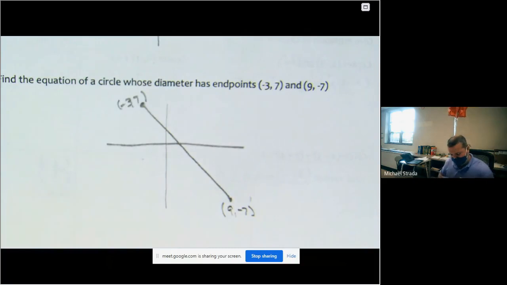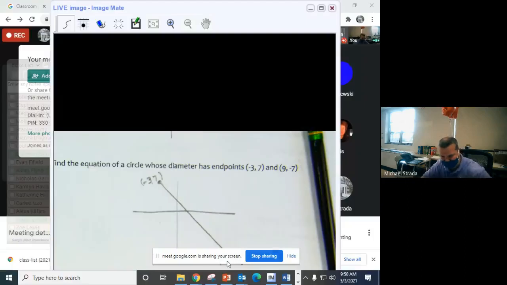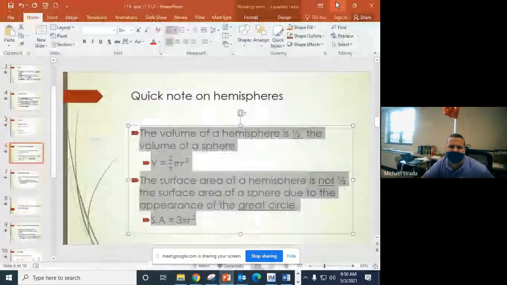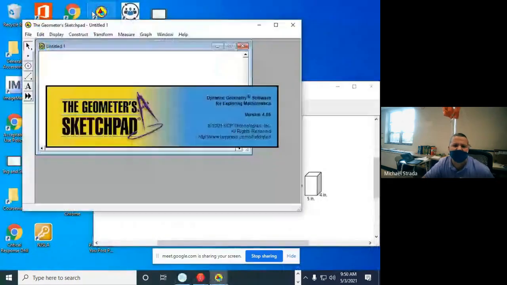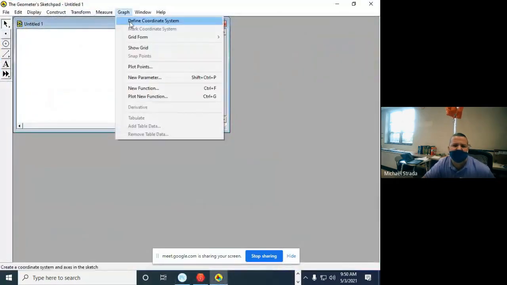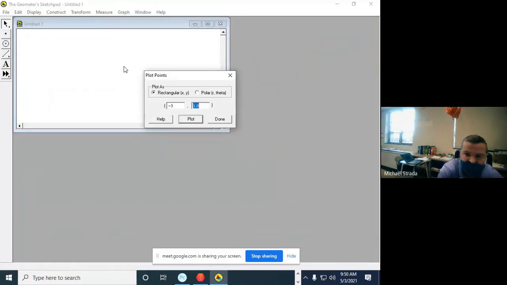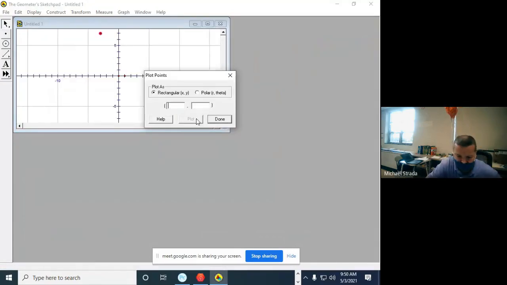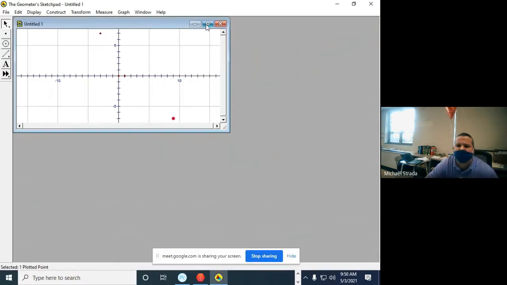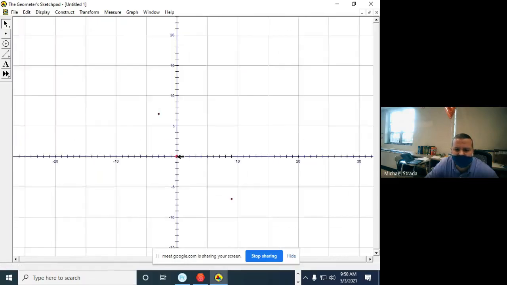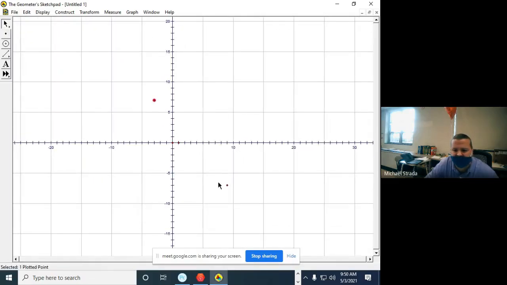I'm going to use Sketchpad, it'll be easier to see. Graph, plot points (-3, 7) and (9, -7). So that represents a diameter.